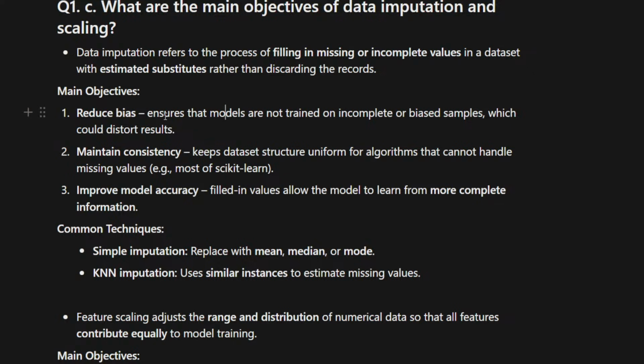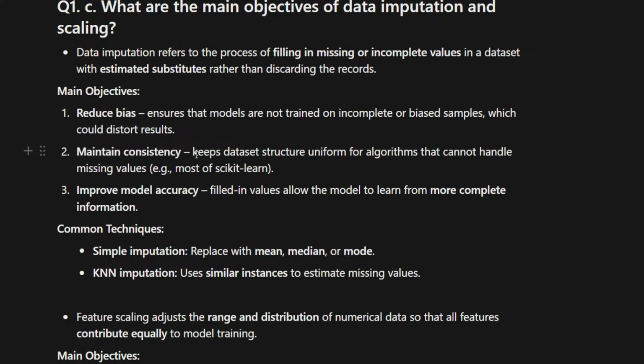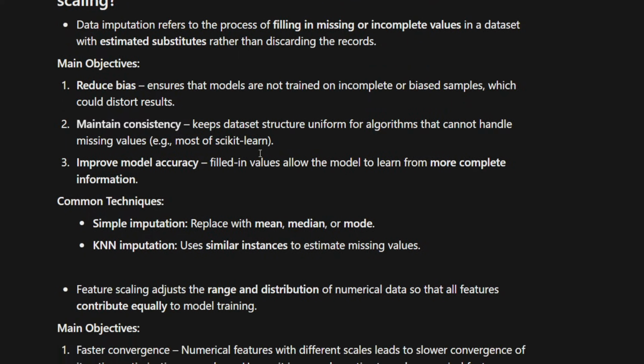But if you use data imputation techniques, it won't be as biased as discarding them altogether. That's how it reduces bias and maintains consistency. It keeps the data structure uniform, of course.